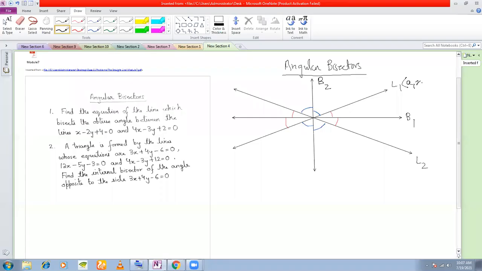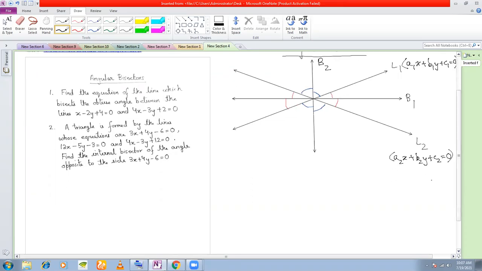Now, if the equations of the lines are given to you, say A1x plus B1y plus C1 is equal to 0, and the equation of the other line is A2x plus B2y plus C2 is equal to 0, then remember this formula.